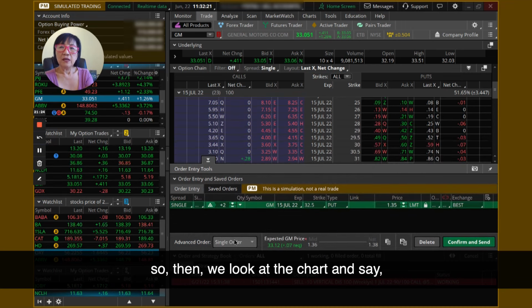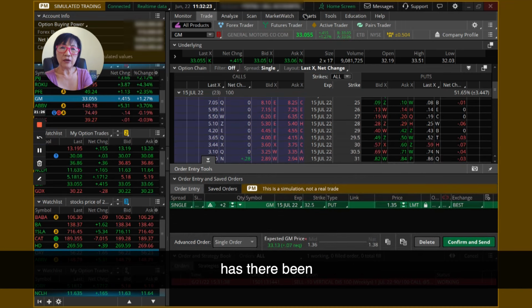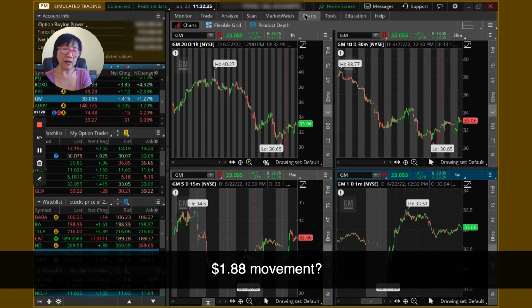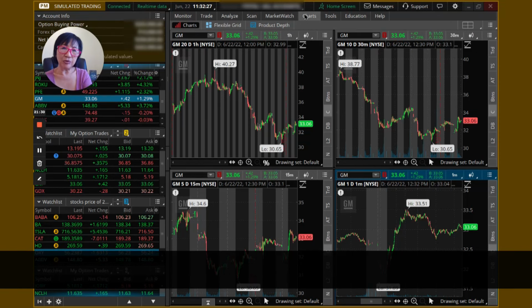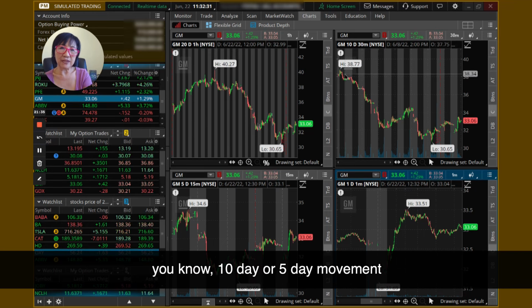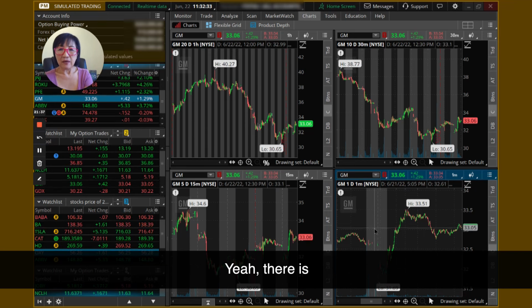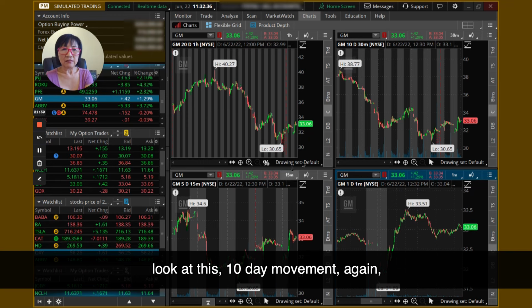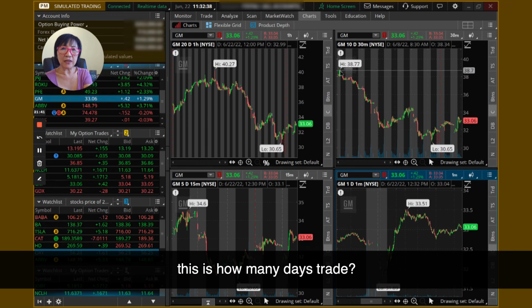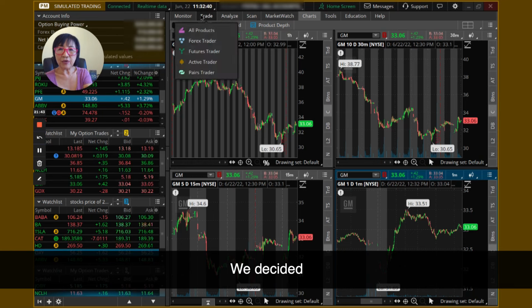So then we look at the chart and say, has there been a $1.88 movement anywhere between 10 day or 5 day movement? Yeah, there is. Look at this 10 day movement again. This is how many days the trade we decided.